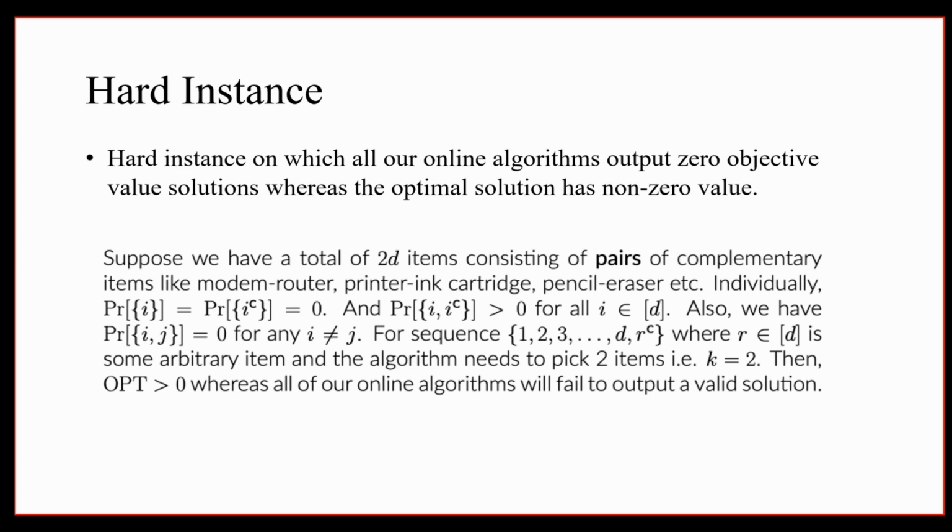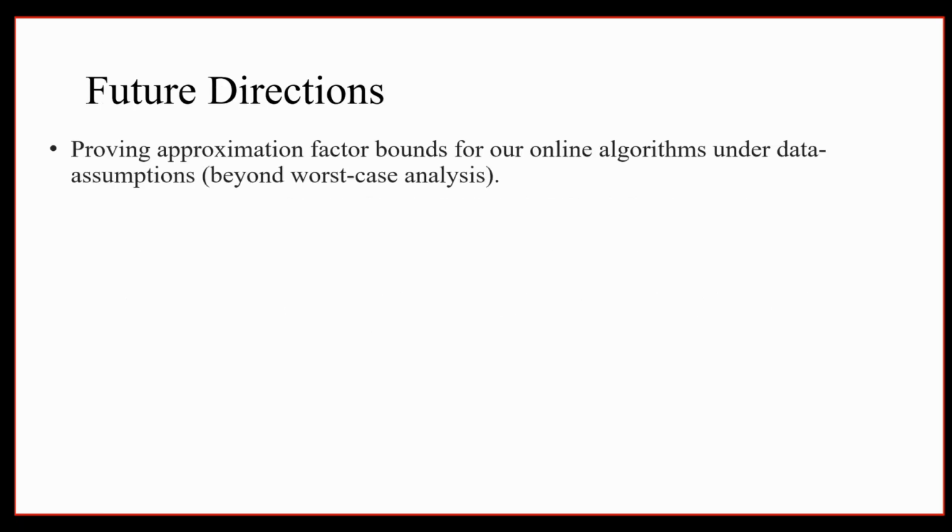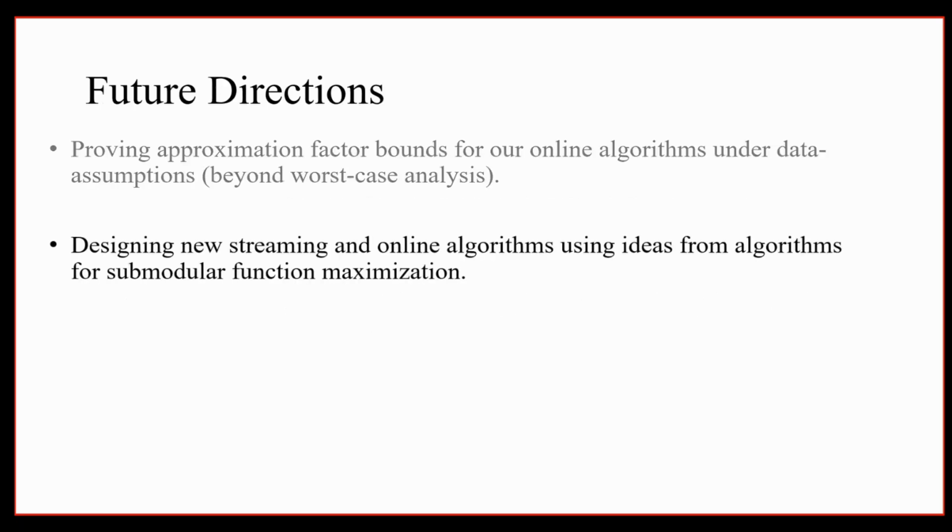But in practice, the things which you look at are not actually hard instances. Essentially, if you know about the simplex algorithm for LPs, then the hard instance there takes exponential time on some very particular polytope, the Klee-Minty cube or something. But in practice, you rarely encounter that particular polytope.